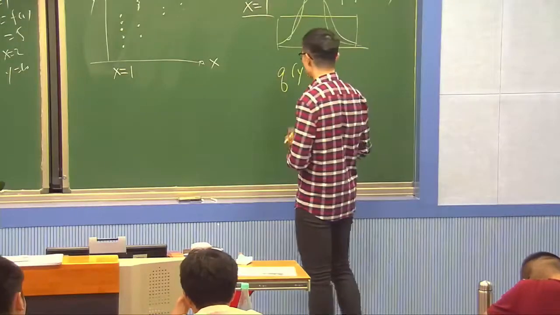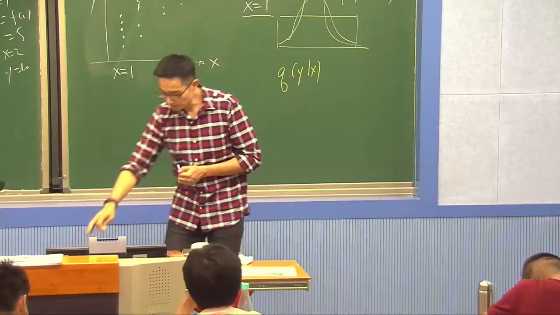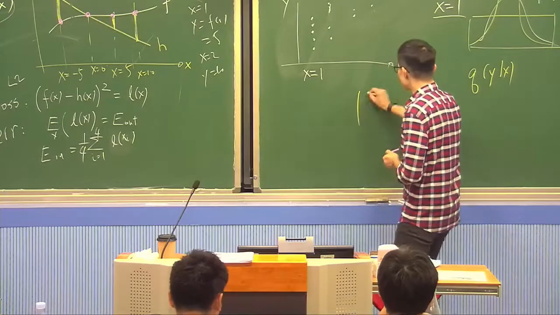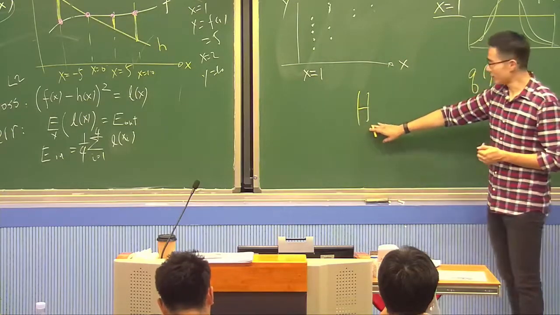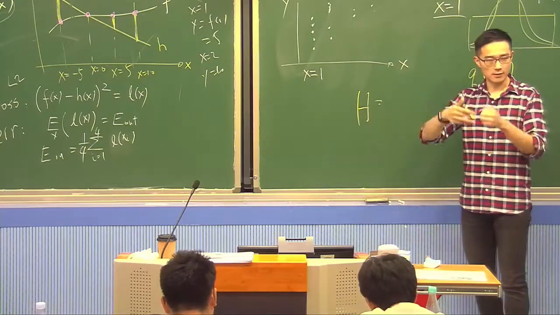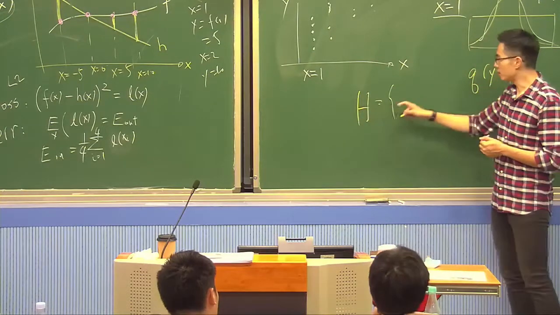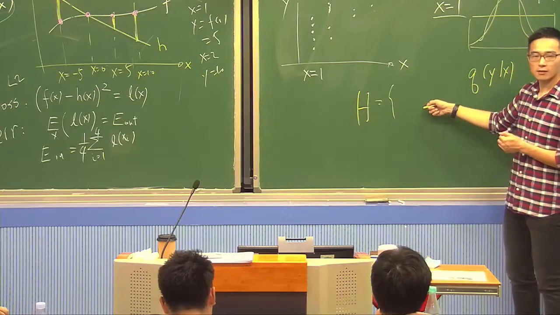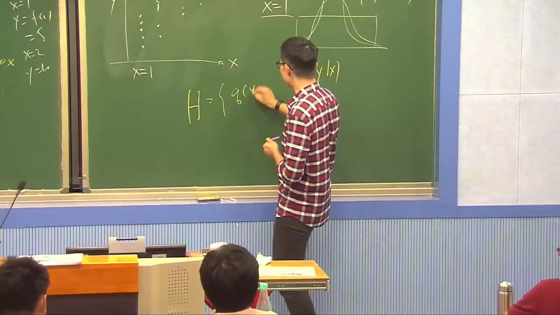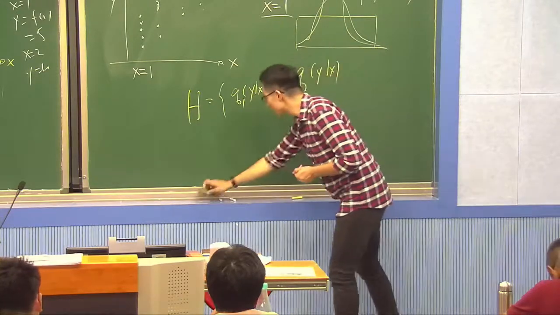And my goal here is to find out, so I can give you a hypothesis set, right? I still use the large H. The large H is our set, our model. It's a model, a set of many different hypotheses. Now, our model contains many, many Qs, okay, distributions. So Q(y given x) is my first hypothesis.